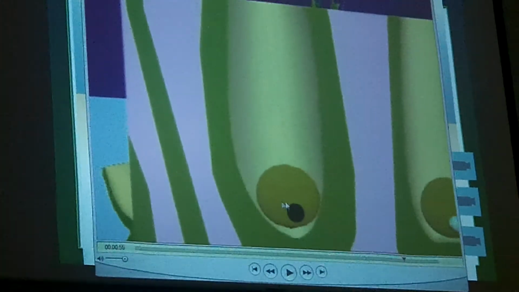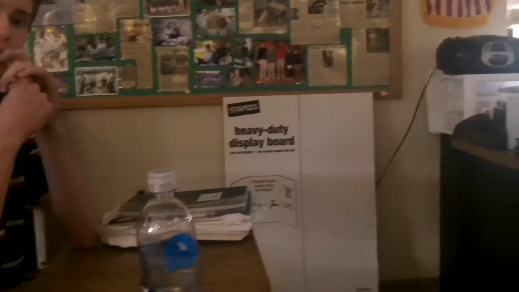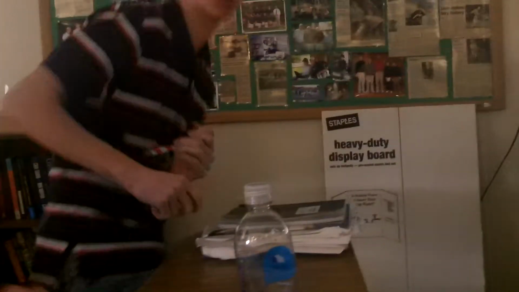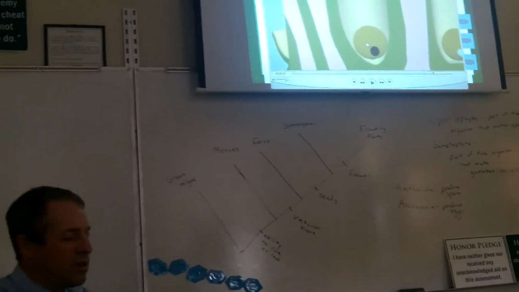10 points if you can tell me what the diploid structure there is called. The sperm has fertilized the egg. What do we call that new structure? It has a name. Anytime a sperm fertilizes an egg, a diploid structure has two sets of chromosomes, one that it got from the sperm and one that it got from the egg. Blue correct. White correct.